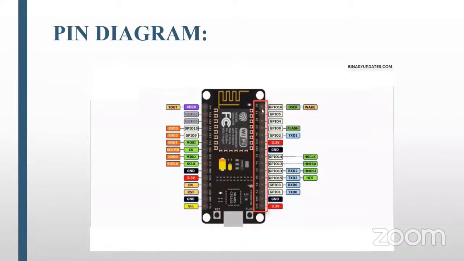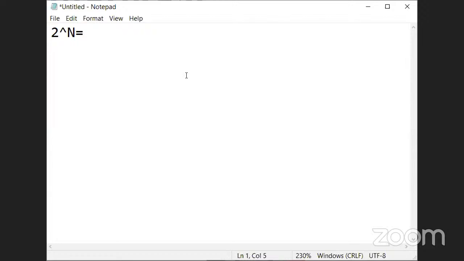2 power n is the formula. This microcontroller gives a 10-bit ADC, so 2 power 10 means 1024 is the total number of values.